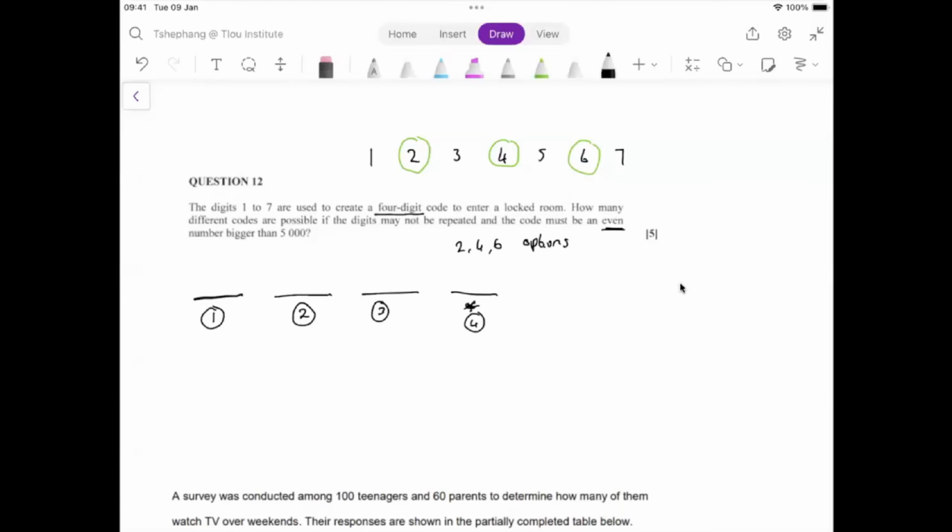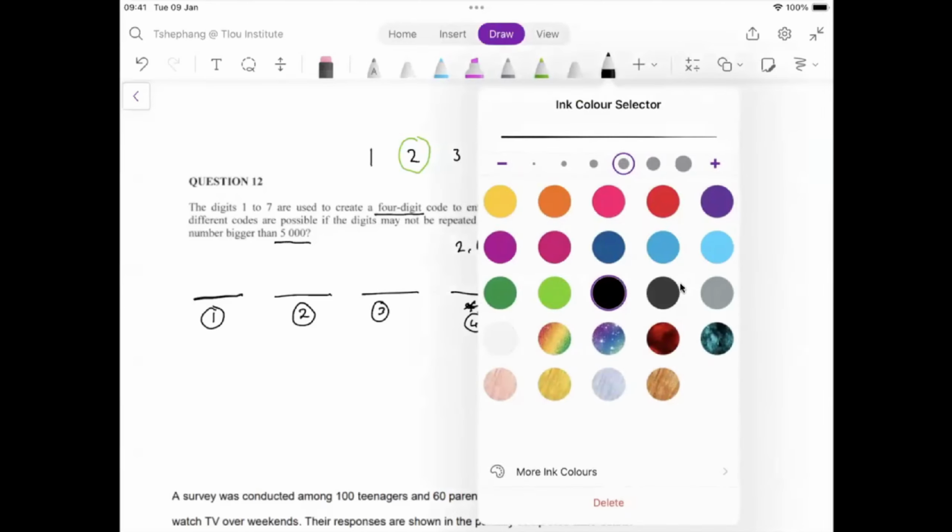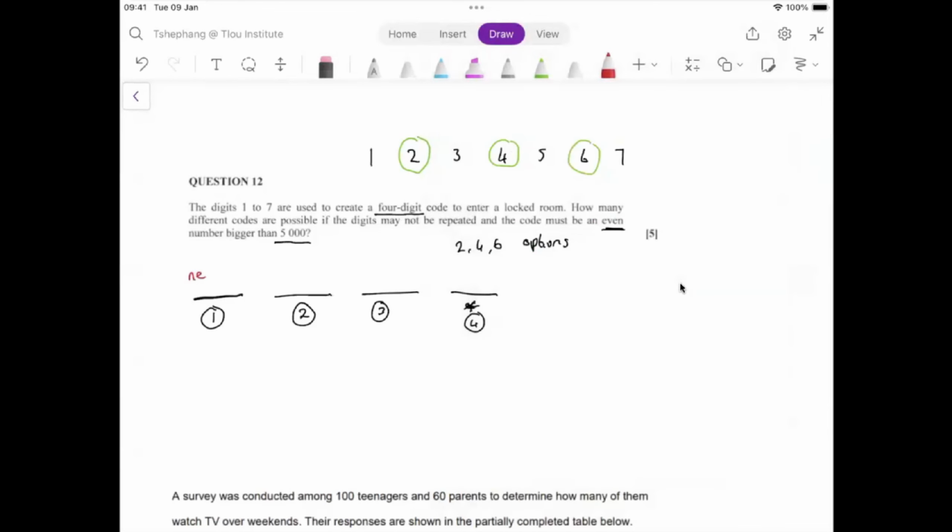Now, it must be bigger than 5,000, meaning that, so let me write it in red here. I need a 5 for me to have bigger than 5,000.